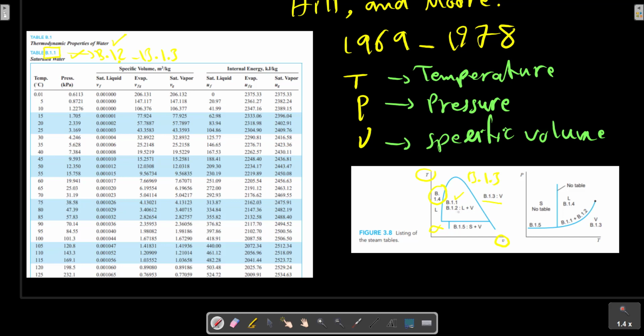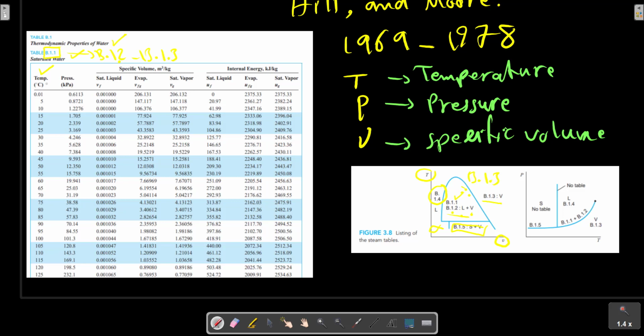Similarly, the saturated solid and saturated vapor region is listed according to the temperature in table B1. In the table B11, the first column is temperature as shown.